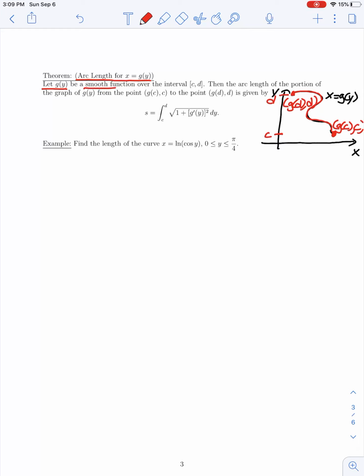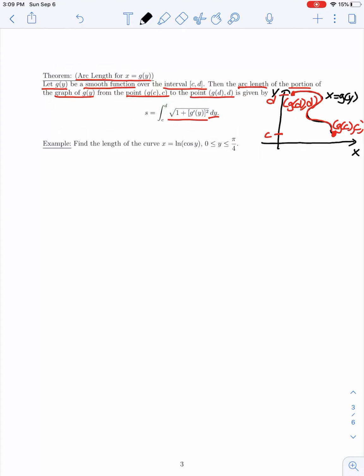If g of y is a smooth function over the y interval from c to d, then the arc length of the portion of the graph of g of y from the point g of c, c to the point g of d, d is given by s, which is the integral along the y interval from c to d of the square root of 1 plus the derivative of our function, so g prime of y squared, with respect to y.